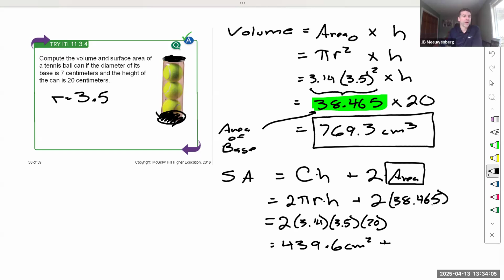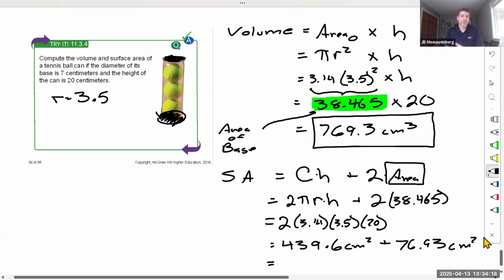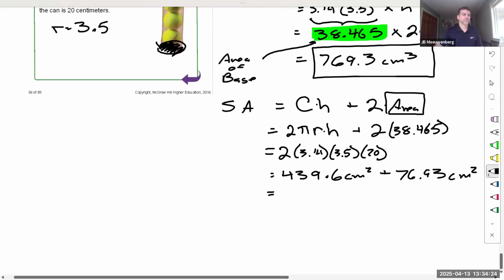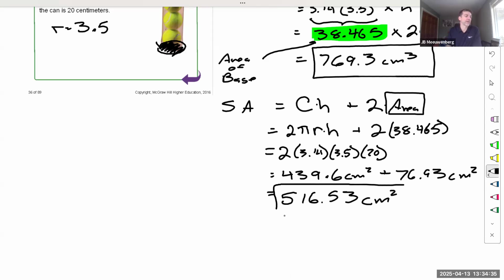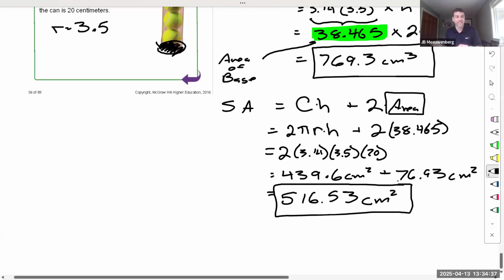And then we're going to add it to twice the area of each end circle. 38.465 times 2 is 76.93. And we will add centimeters squared. And then we'll add those two things together. 76.93 plus 439.6 for a total of 516.53 square centimeters. So note that when you are calculating area, whether it's just area or surface area, it's always going to be in square units. In this case, it's centimeters squared.